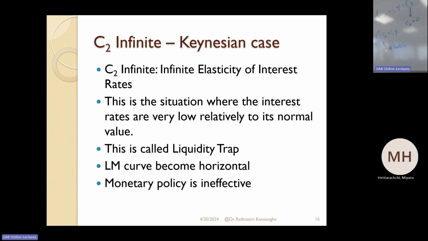The other case is C2 infinite, so infinite interest elasticity of money demand. Sometimes, without any change in the interest rate, money demand can be totally changed. If the C2 is infinite, what happened?